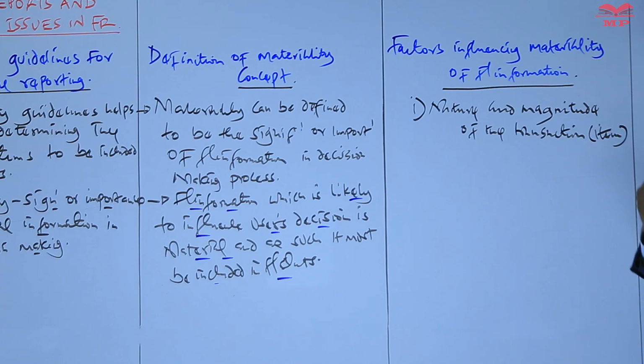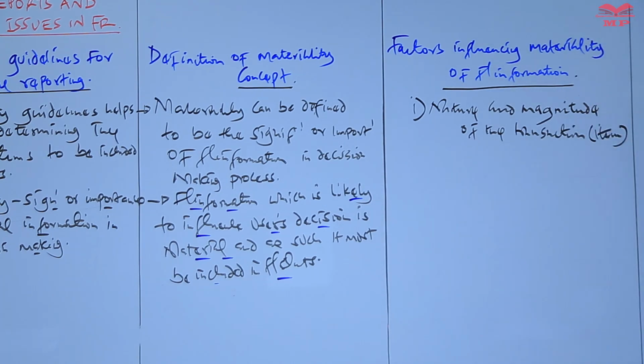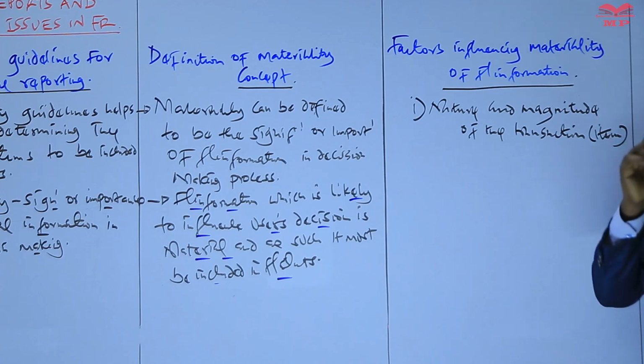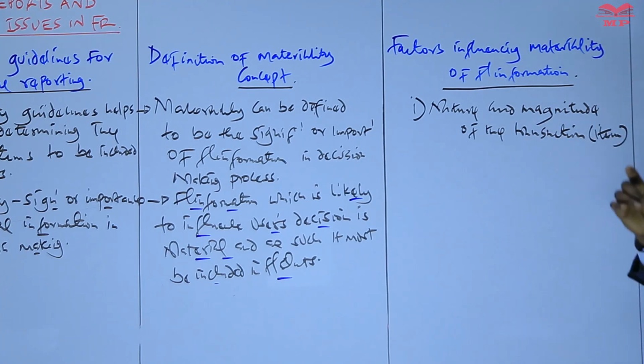They are material because if they are omitted from the financial statements, those statements are misleading, because the decisions made by the users will be affected by the omission of a transaction involving a huge amount of money.